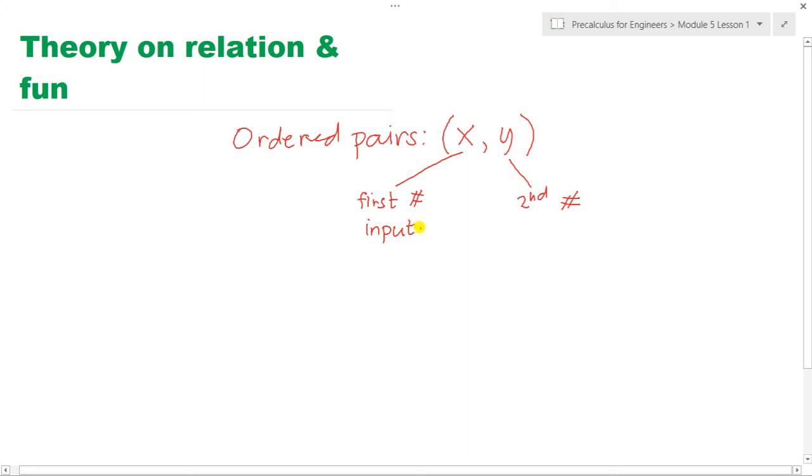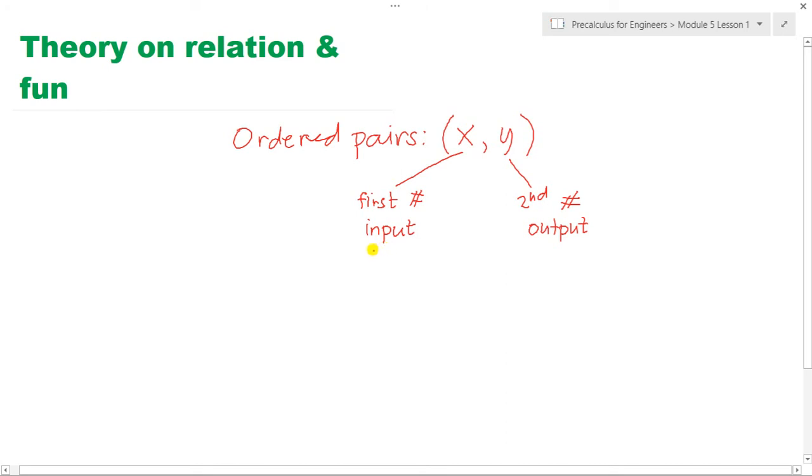Let's prove why it is an input; we need to have an actual example for this, so later. And then our second number is also called the output. Since we have input, of course, it corresponds to an output.